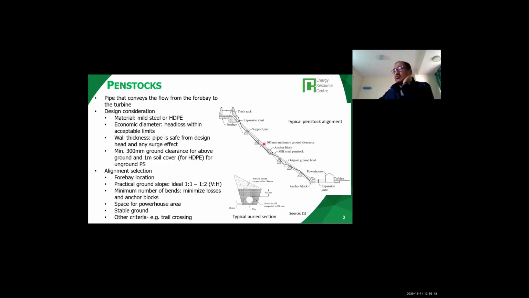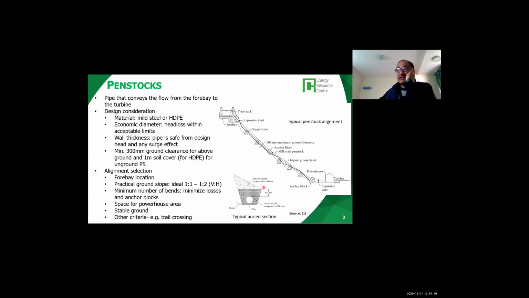Also, the penstock can be buried underground, under the soil, but it can be overground also. When it is overground, you want to keep a minimum of 300 millimeter clearance so that maintenance and other activities are possible.